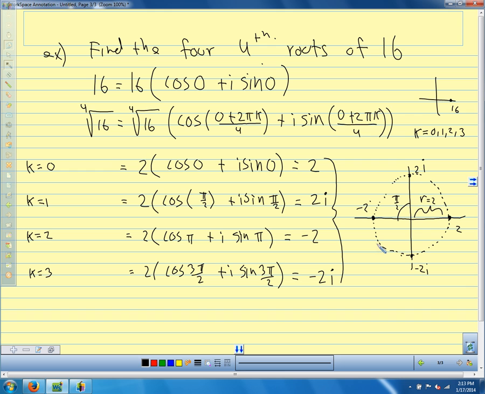So that's what this 2 pi k over 4 is telling us, that our roots are symmetrically distributed around the circle at pi over 2 units in this case. And that's always going to be the case with these complex roots. They're always going to be on a circle with radius r, symmetrically distributed, and the angle between each root is going to be 2 pi over n, whatever root we're taking.